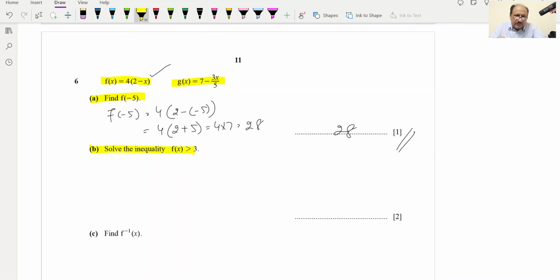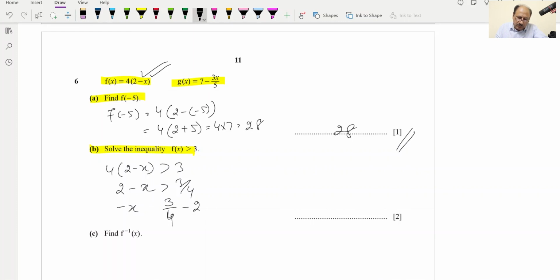f of x is greater than 3. f of x is greater than 3 means the f of x value is this. So 4 into 2 minus x is greater than 3. We can shift 4 to the other side. So 2 minus x is greater than 3 by 4. Now we can shift 2 to the other side. So minus x is greater than 3 by 4 minus 2.